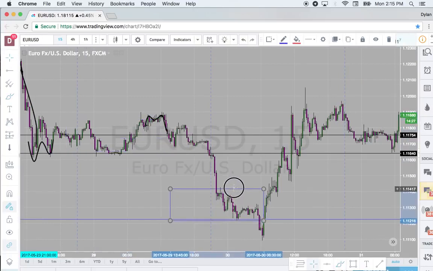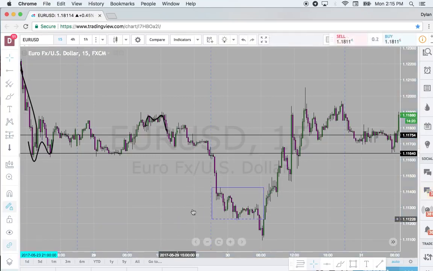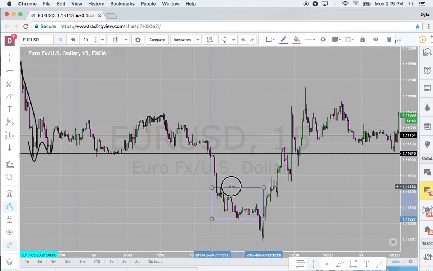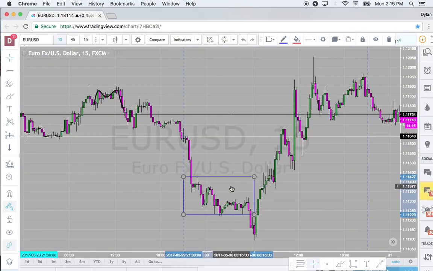Another one here. Now what will sometimes occur is Asian session will gap or move like this, but it'll move very, very fast.